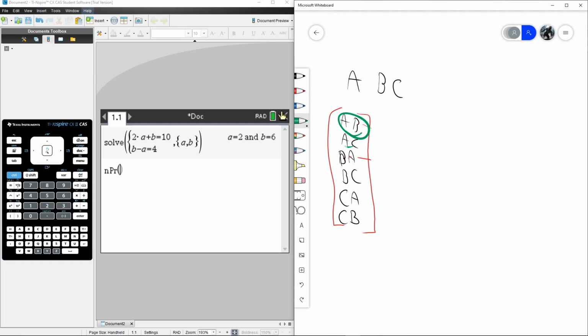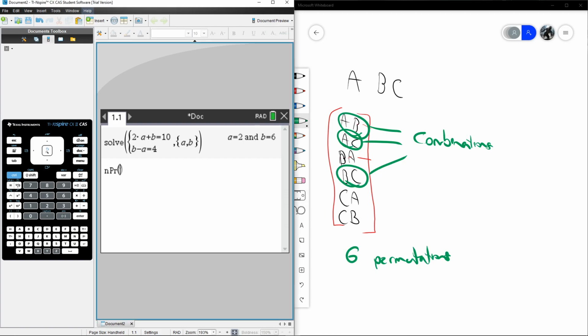And so as a result, for combinations, the only unique ones you have are going to be AB, AC, CB, and that's it, just 3. These 3 are your combinations, while you have 6 permutations. The way the function works on the calculator is that first you define the number of items you have. So let's start with, again, 3 items. Then you define with a comma how many items you want to take out. In this case, I want to select 2 items from these 3 items.